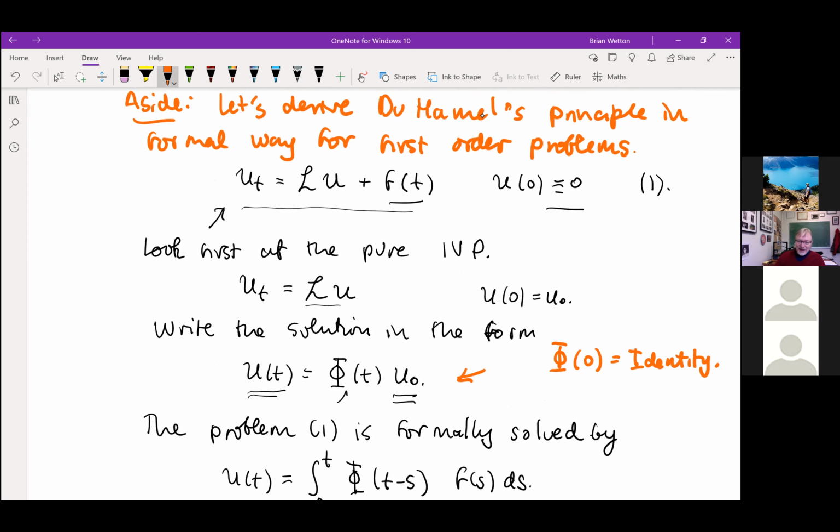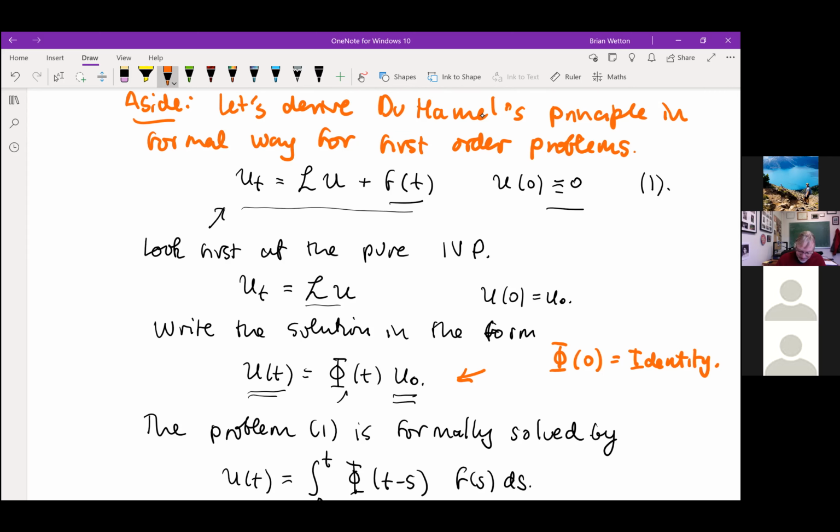It'd be nice just to write 1, except it's a function going to a function, so it's really a map. It's the identity map, right? When you look at phi at time 0 times u0, that should be the solution at time 0. So that means you've got to have the identity.